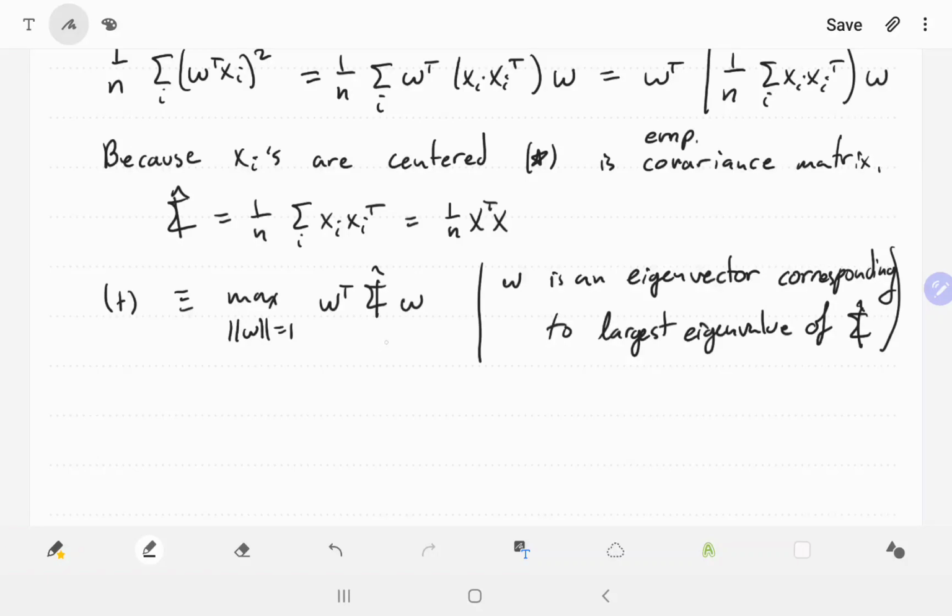Then we do this procedure over again in a greedy fashion, and that gives you the eigenvector corresponding to the second largest eigenvalue, and so on. You think of this as building up your subspace from one dimension to your desired dimension, k. We're not going to get into the details of this, and you're just going to have to take it on faith that this argument extends to higher dimensional subspaces.